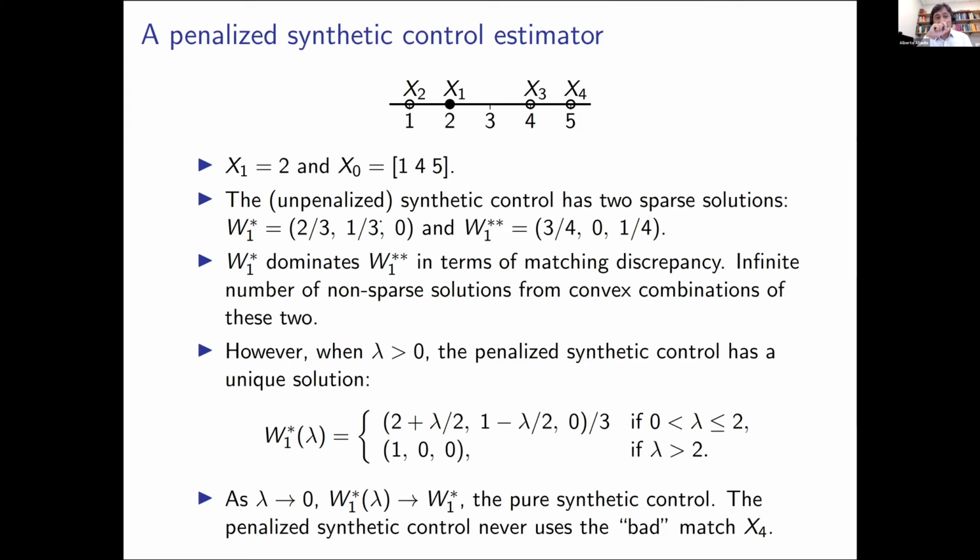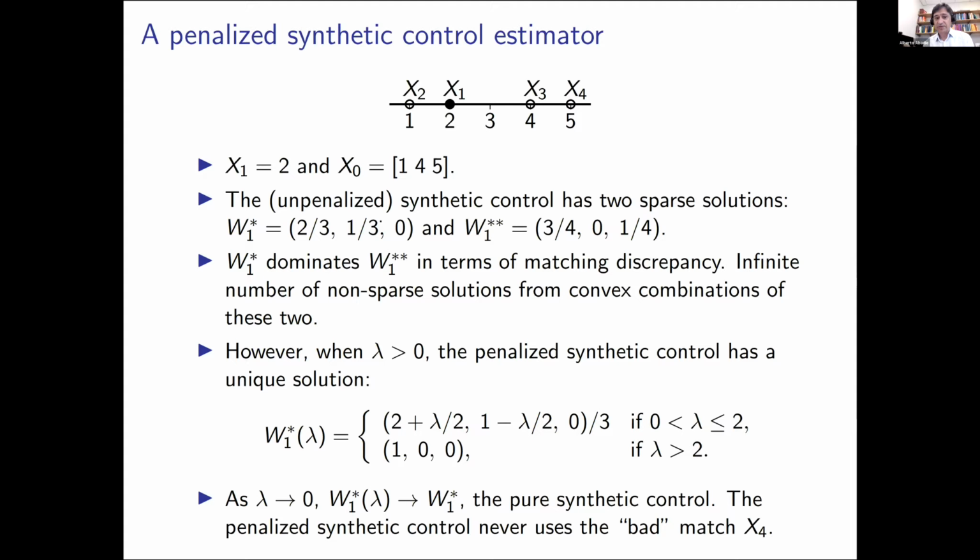To understand how penalized synthetic control works in practice, instead of giving you the formal result, I would like to think about a very, very simple example. This is as simple as it can get. We have one treated unit and 3 untreated units. Unit 1 is the treated unit, and X is one dimensional.